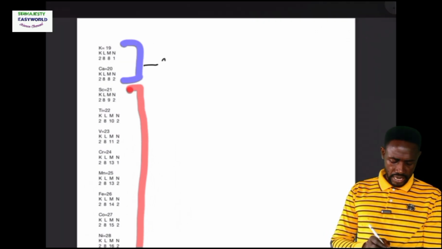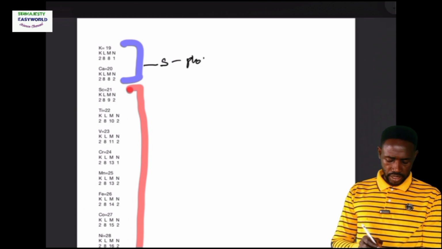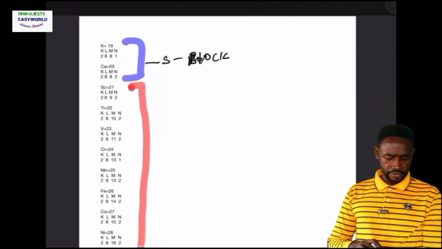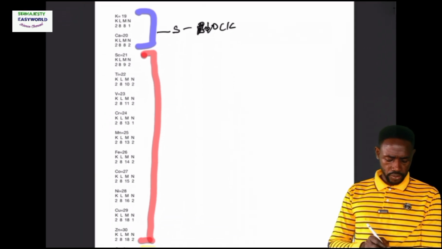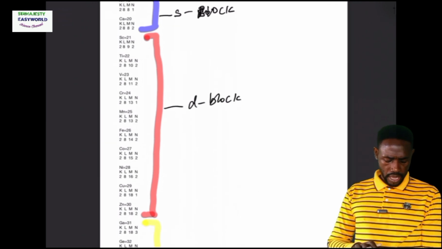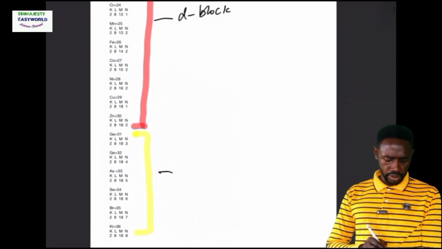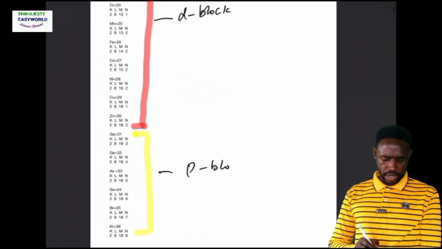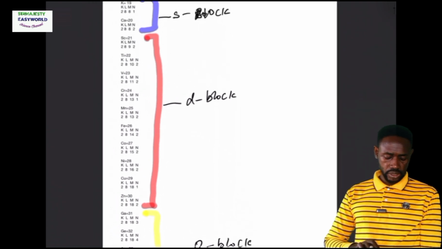This is the s block metals, the s block, please. That is for period 4, of course, while these ones highlighted in red are the d block. And then this one is the p block.